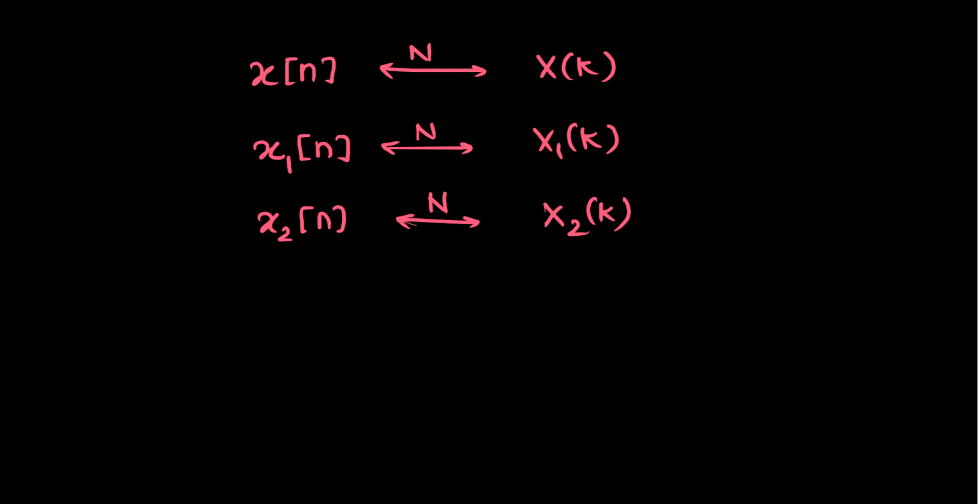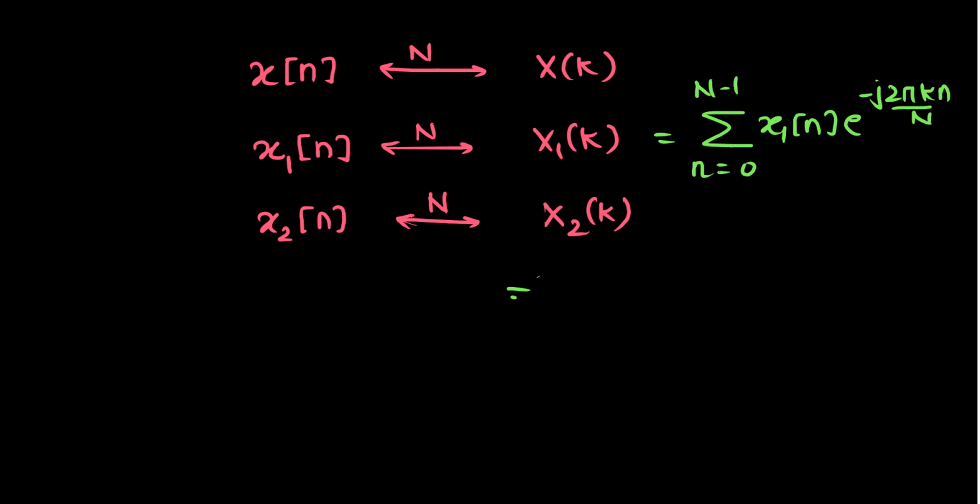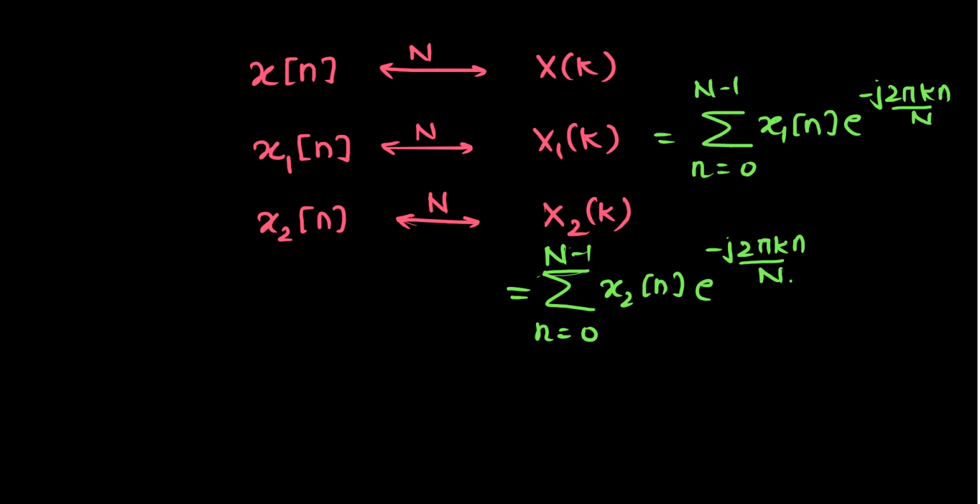And we know that this X1 of k can be given as summation n running from 0 to N minus 1 x1 of n into e to the power minus j 2 pi k n by N, and this X2 of k can be given as summation n running from 0 to N minus 1 x2 of n into e to the power minus j 2 pi k n by N. So using these three things, we are going to consider different properties of DFT.